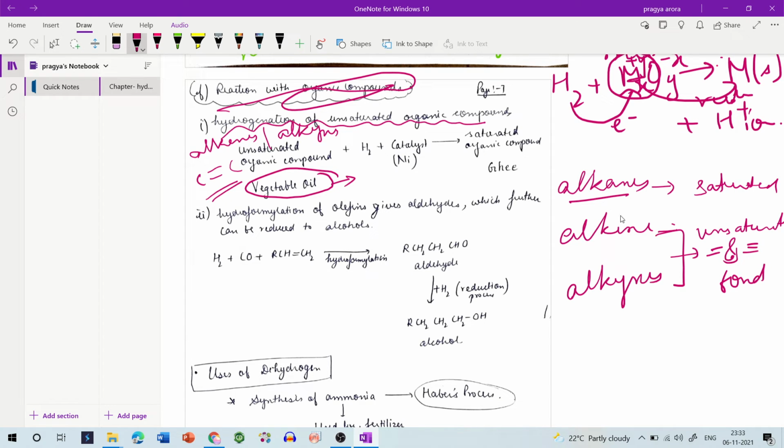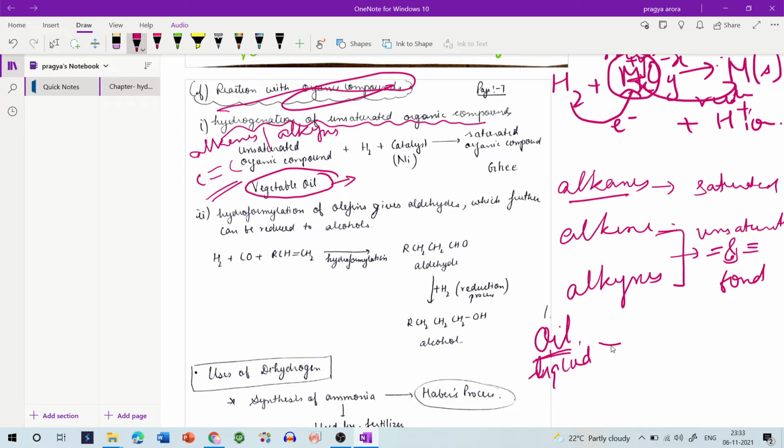Okay, so the vegetable oils that are present in nature, any oily thing, let it be the refined oil that we see, basically these are liquid in nature.